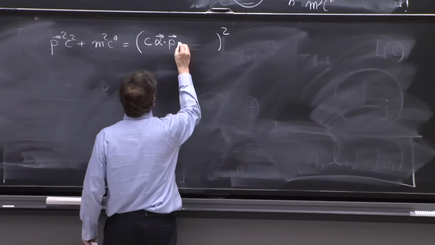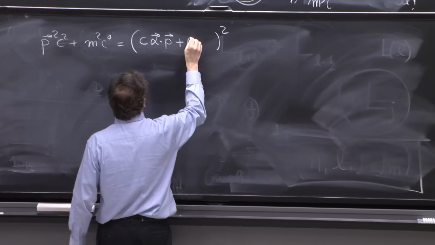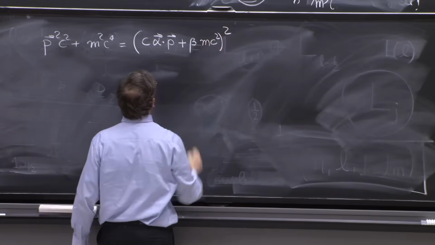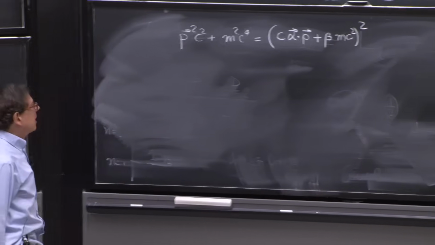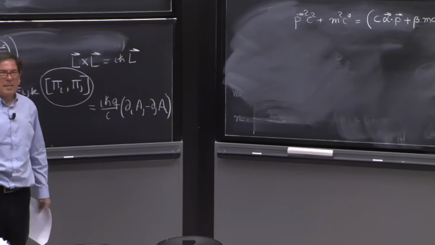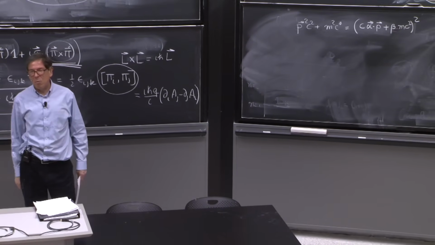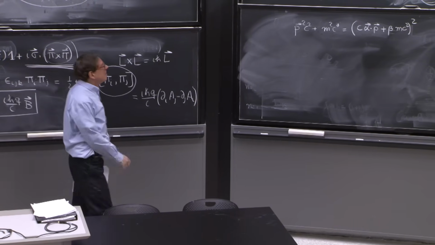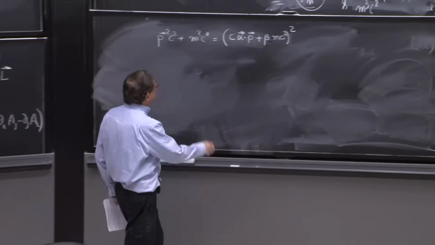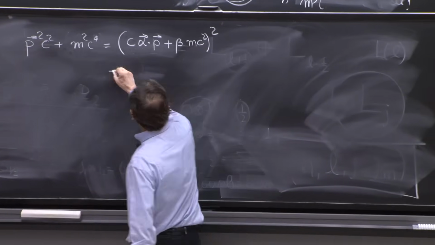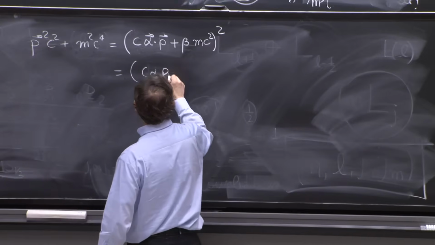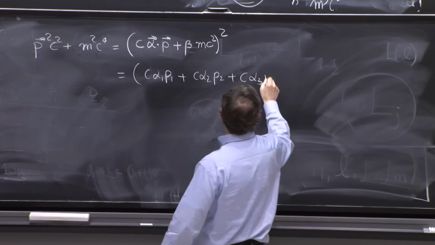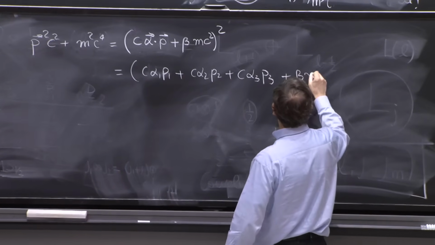And here I'll put another constant, beta, times mc squared. And I hope I can take the square root because there will exist such constants and it somehow will work. And you say, no, it cannot work because there's always a cross product. But just follow this nose. Then alpha dot p times c is equal to c alpha 1 p1 plus c alpha 2 p2 plus c alpha 3 p3, plus beta mc squared.